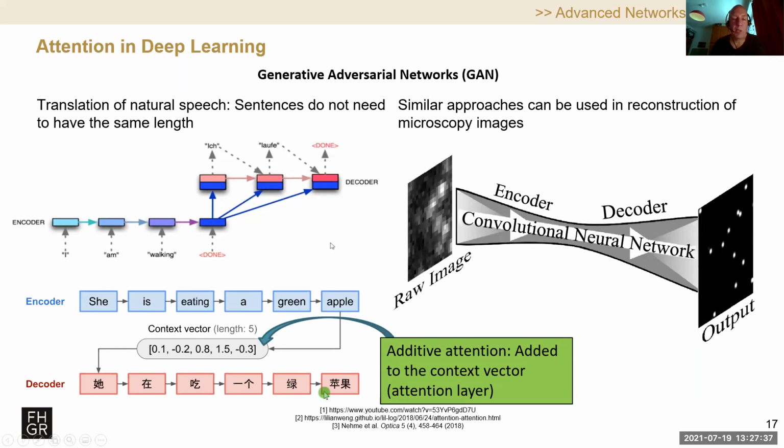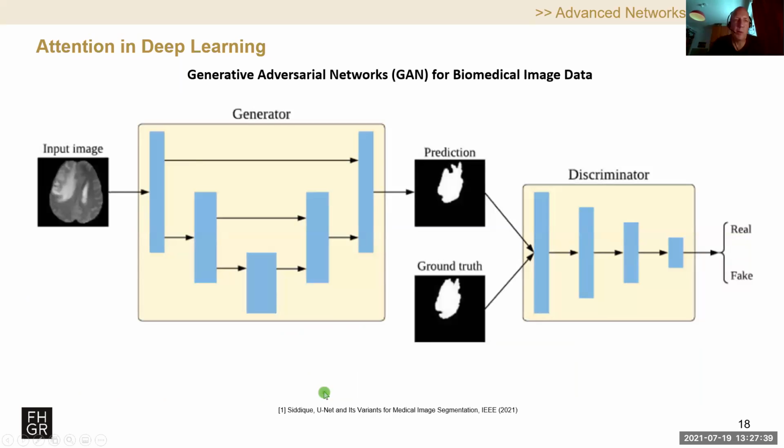And this has also been used, of course, in microscopic image analysis. Also there you have a generator and a discriminator, so two networks that are fighting against each other. The generator is proposing predictions, and then the discriminator is going to look at these predictions and hopefully decide that this is a generated result and not the true result.